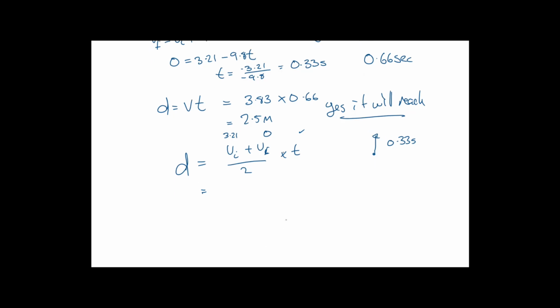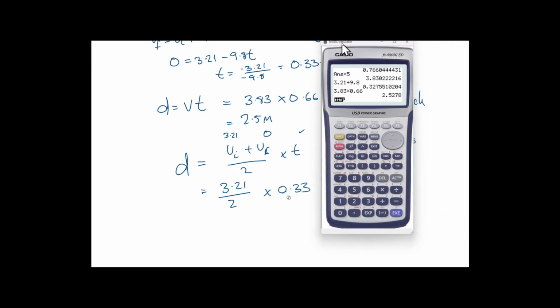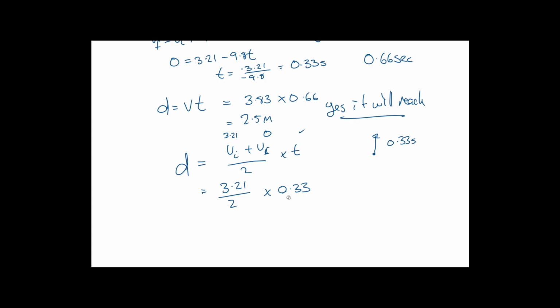So it's going to be 3.21 divided by 2 times 0.33. You can tell straight away this is going to be less than 1.5. So 3.21 divided by 2 times 0.33 is 0.529 meters.